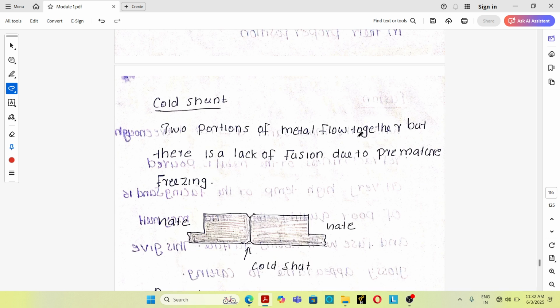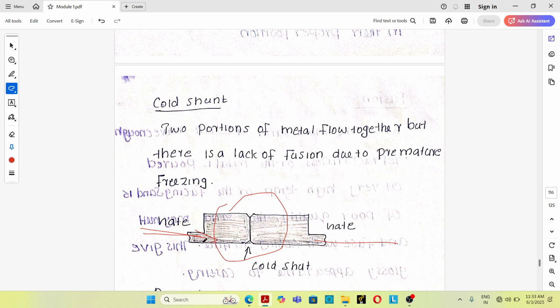Next one is cold shut. See, cold shut is a defect usually occurring when more than one gate is used for supplying molten material into the mold cavity. Here you can see that this is the casting, which has one gate here and another gate here.